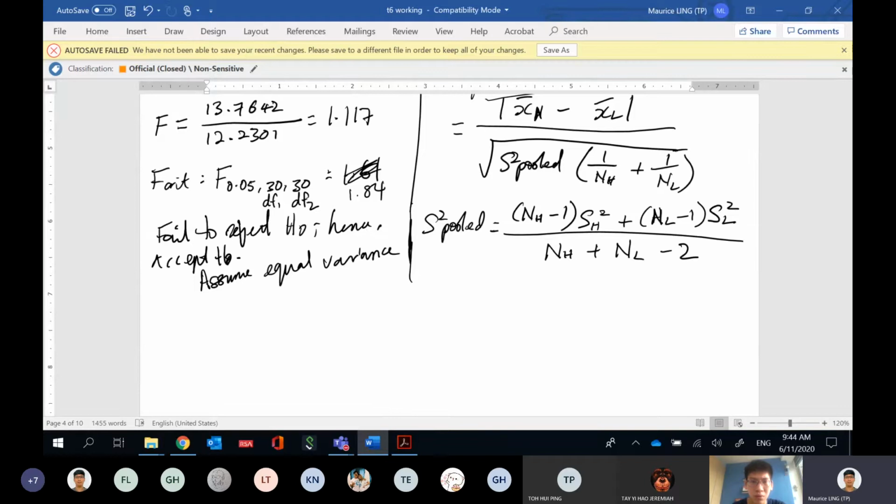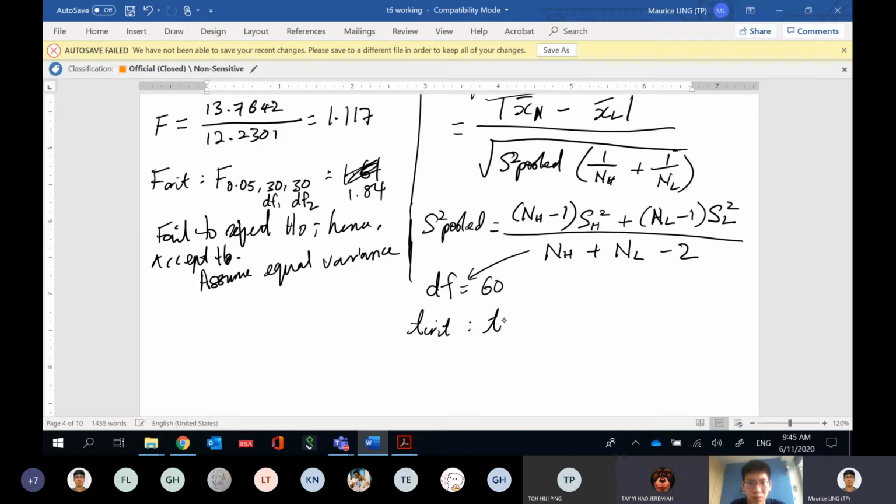Then what do you have for the degrees of freedom in this case? Is it 60? 60, correct. Okay, because the degrees of freedom is actually this one here, the denominator. So it's 60, where you minus off 2.